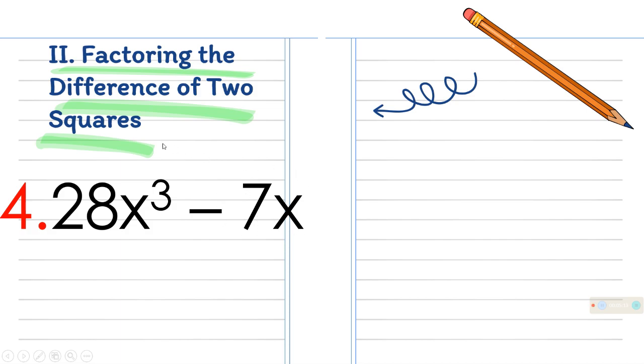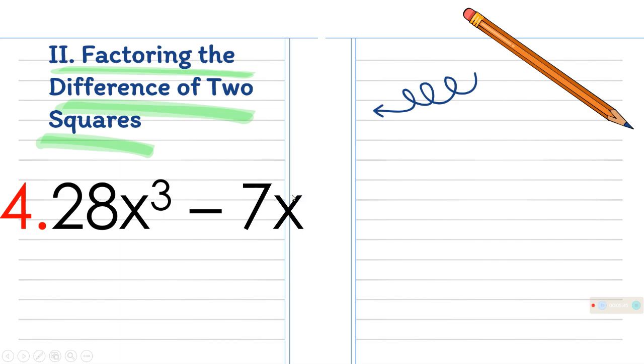But a while ago, I told you that to make sure the given is an example of difference of two squares, you have to take note that there should be a negative sign or minus sign between the two terms, and that the first term and the second term are perfect squares. So what are we going to do with this?